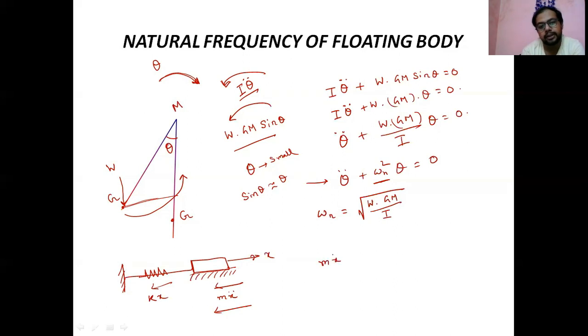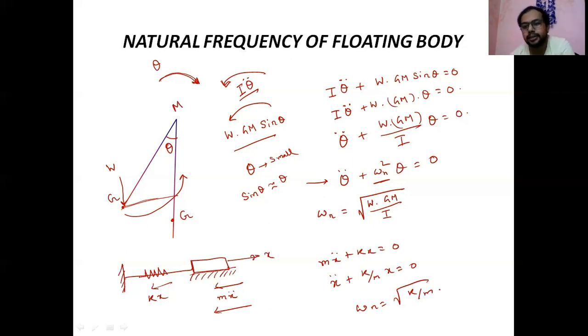So m x double dot plus kx is equal to 0. So x double dot plus k by m x is equal to 0. Omega n is equal to the root of k by m. The same way we are getting this. The natural frequency of the floating body is harmonic in nature.